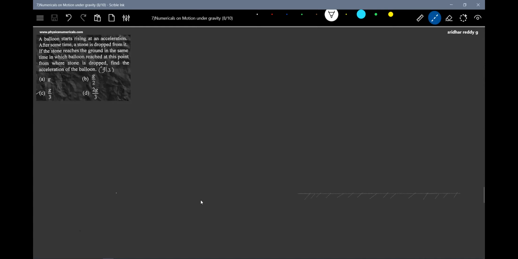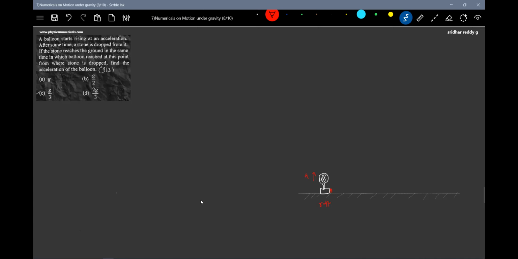A balloon starts rising at an acceleration. Okay, this is the balloon, and a stone is attached to it, for our convenience. Rising at an acceleration, okay, to start accelerating from rest.